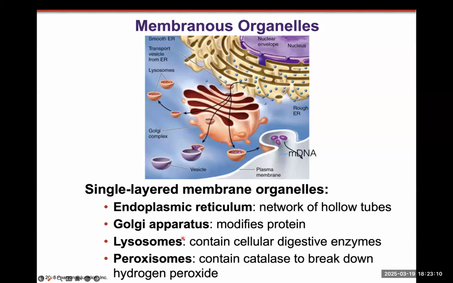The waste products get gobbled up by these, because they have enzymes that can do that. Then it gets thrown out into the interstitial fluid and the bloodstream. And again, the word lyse means to break. So it's going to break down the waste products and dispose of them.